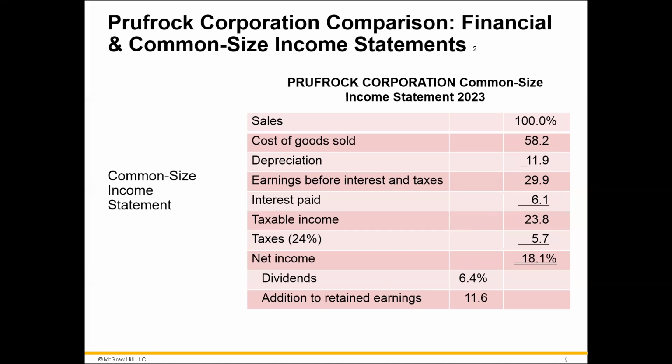Let's make the sales 100% and convert each account of the income statement into a percentage of sales, like cost of goods sold is 50.2% for the preferred corporation, right? So like this.